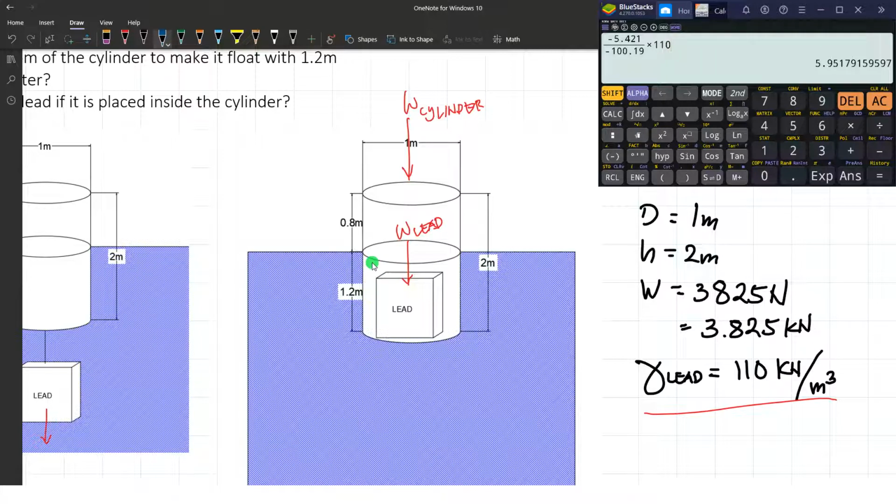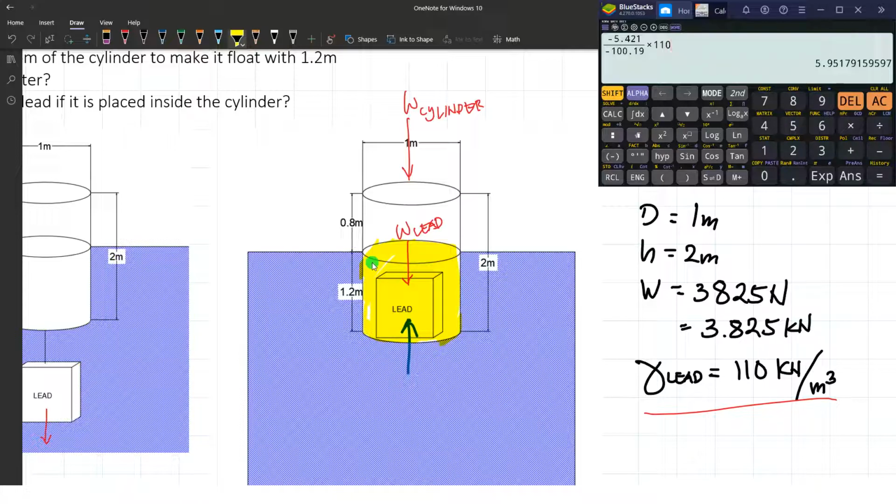Okay, so since the lead is inside the cylindrical container, it means that the only volume that is being submerged here is the volume for the cylinder. That's the volume that is being displaced, because that's the volume that is occupied by the cylinder.